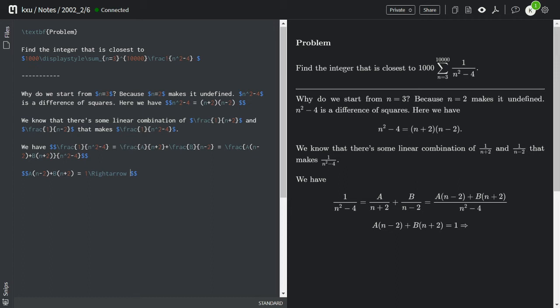So we have (a plus b) n minus 2a plus 2b is equal to 1. And this is nice because we know that n is arbitrary, so in order for it to be 1 for any value of n, we need a plus b to be 0.